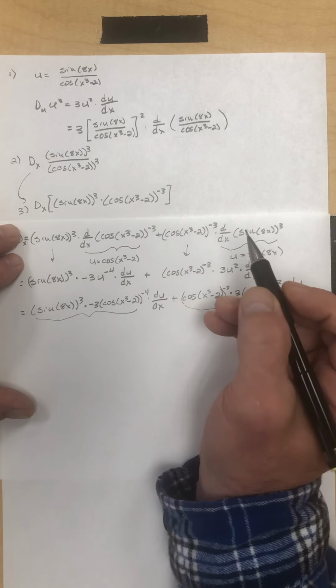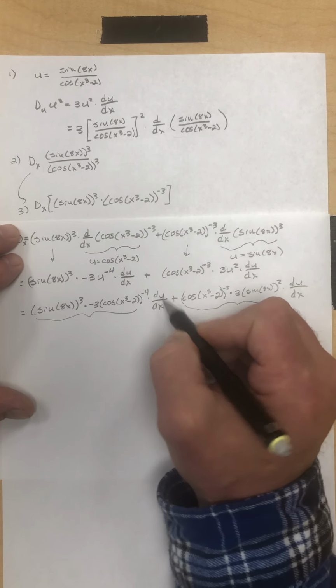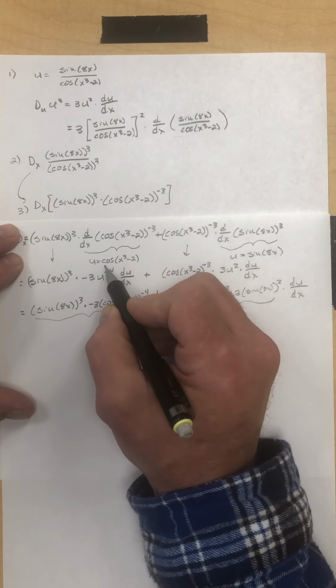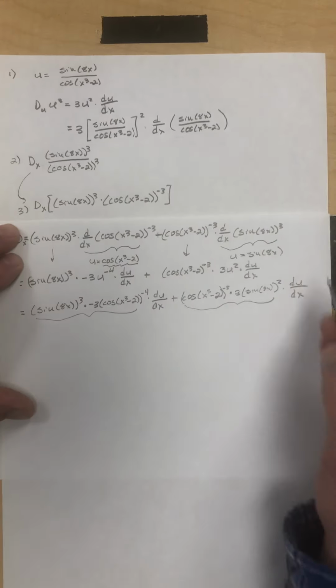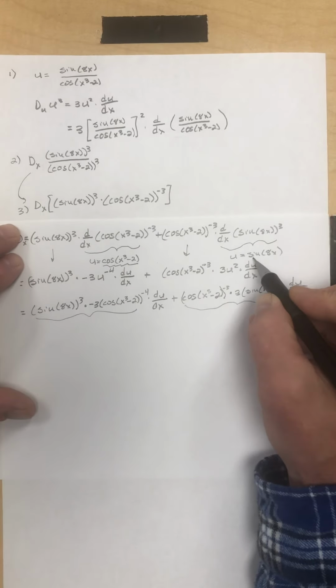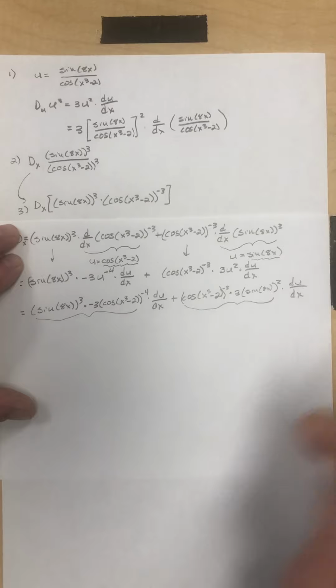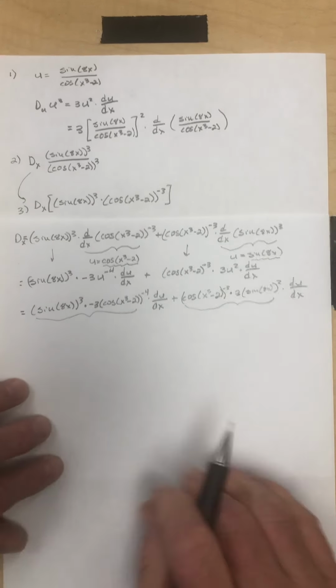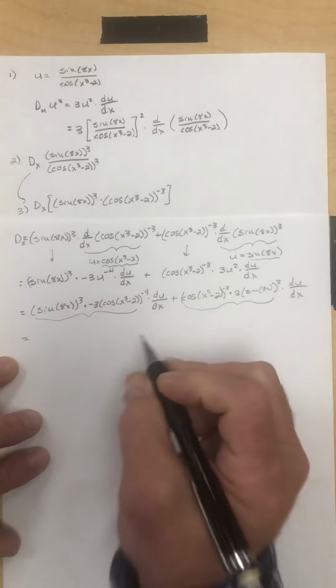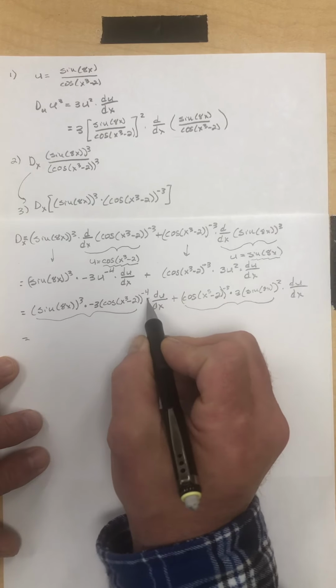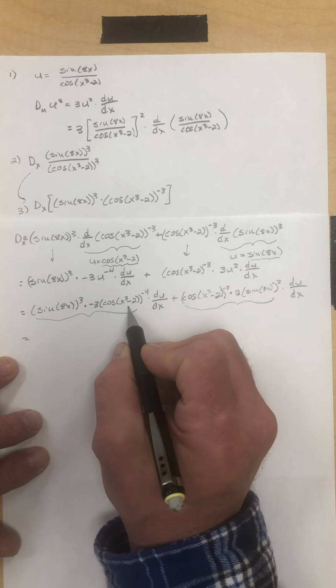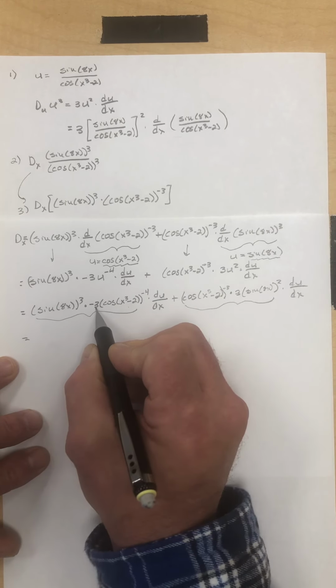Notice that when I do du dx here, I'm finding the derivative of this one, and when I'm doing du dx right here, I'm finding the derivative of this one. Let me start cleaning some stuff up. This is a negative exponent, so that goes down below. The negative 3 stays up above.